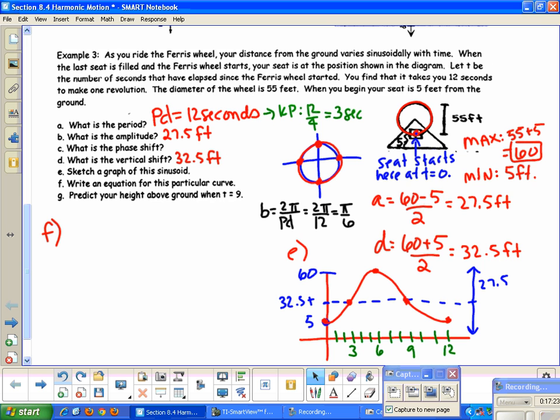So for this equation, I have y equals my amplitude, which we said was 27.5, and it's negative 27.5 because it's not starting up, it's starting down at your minimum and going up. So then we have times the cosine of my b value, which we just said was pi over 6, times x, and I don't have a phase shift for cosine, plus my vertical shift, which is 32.5.